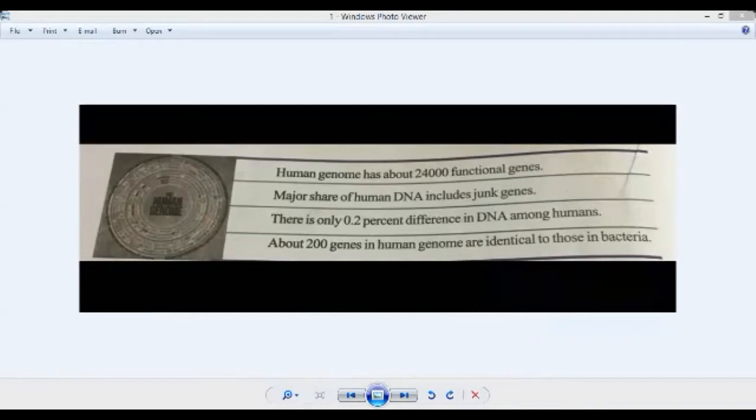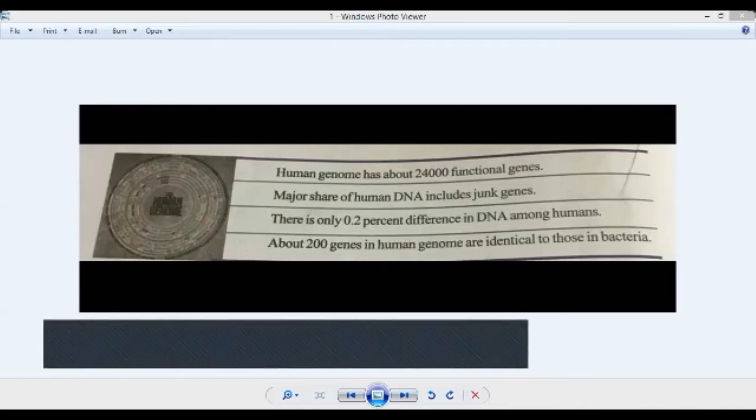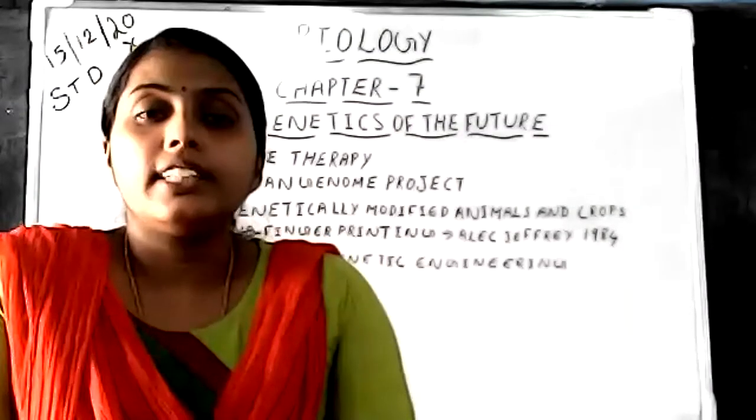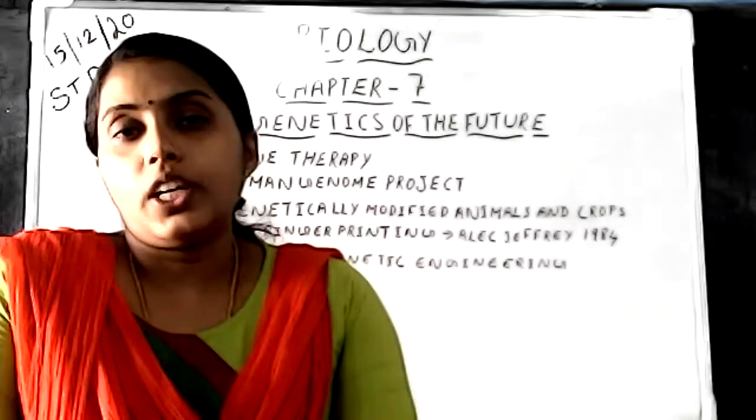You know that our fingerprint is not the same. Even identical twins have different DNA structure, so it is different in each person. Then about 200 genes in our DNA are identical to those in bacteria. I think the points under the Human Genome Project are clear for you.